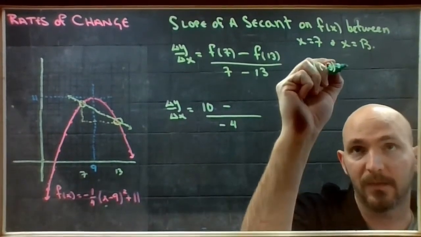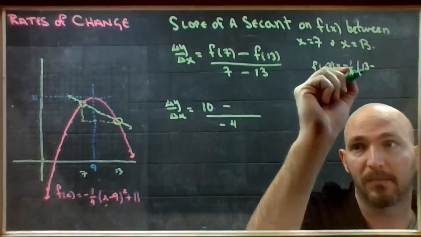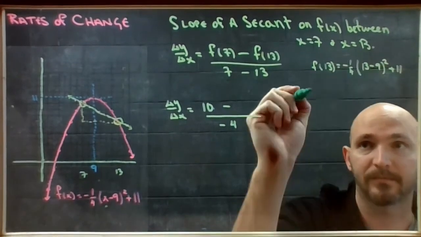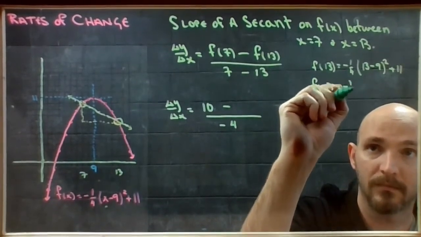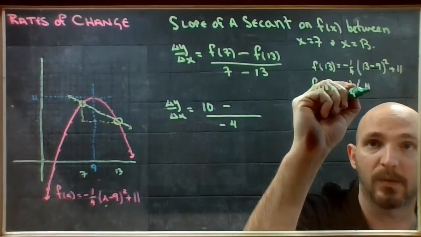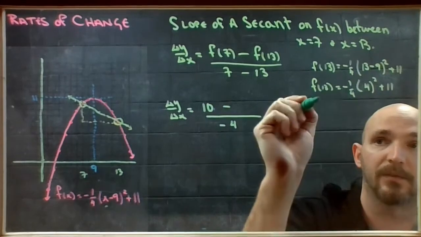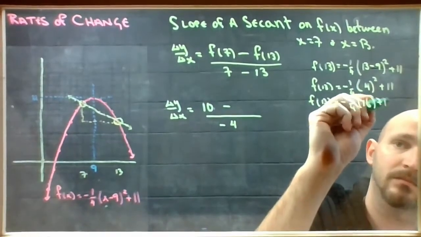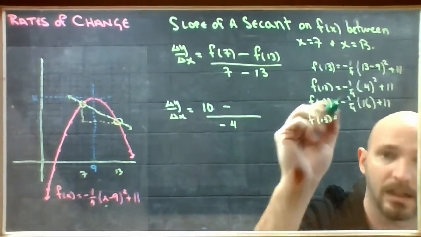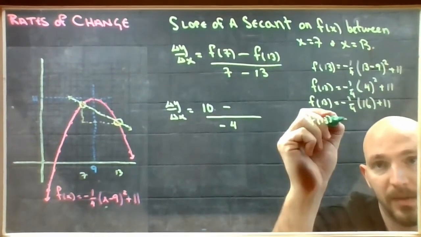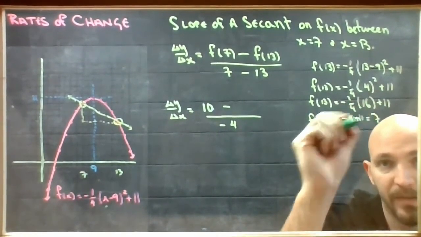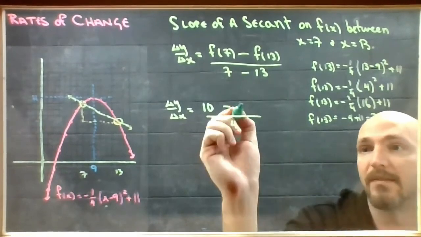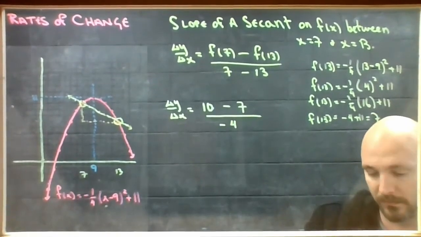So that would be negative 1/4 of (13 minus 9) squared plus 11. 13 minus 9 is 4. 4 squared is 16. Quarter of 16 would be 4, so I end up with negative 4 plus 11, which equals 7. So the value of this function here at 13 is 7 high.